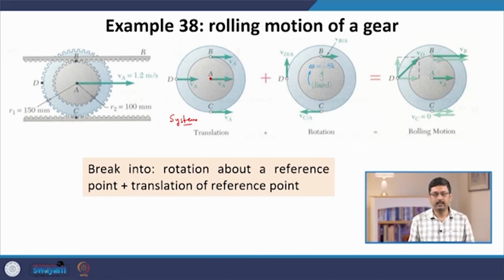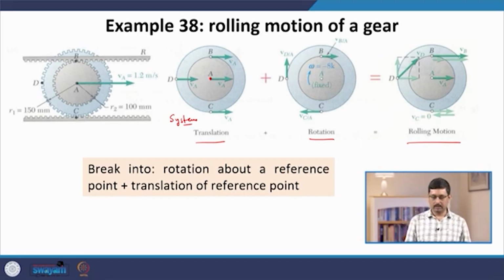We will take this center point A as our reference point. This reference point is moving with some velocity V A. This is the translation piece, and every point on this gear is rotating about A. That is going to be our rotation piece. If we combine these two pieces, we get the full motion of any point on the gear with respect to the lab frame. This is our so-called rolling motion of a wheel. So, this is our strategy.